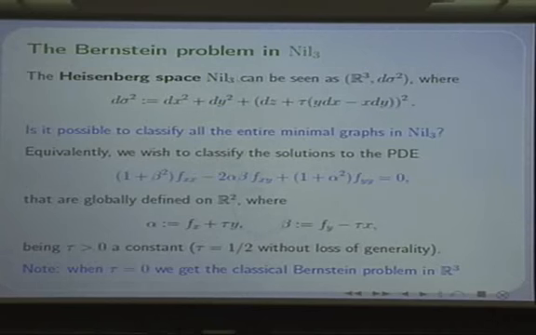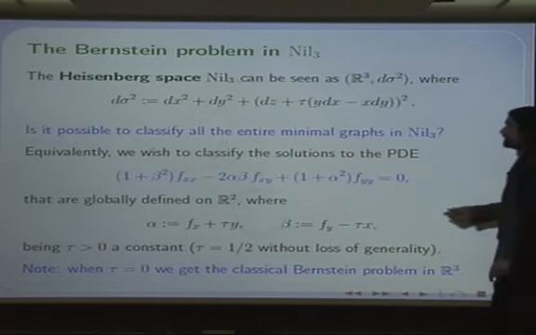It turns out that if this constant, which is in general a positive constant that can be assumed to be 1/2, for instance, goes to 0, then these terms tend to disappear, and in the limit case tau equals 0, you get the classical minimal surface equation. So the Bernstein problem in Heisenberg tends to the Bernstein problem in R3.